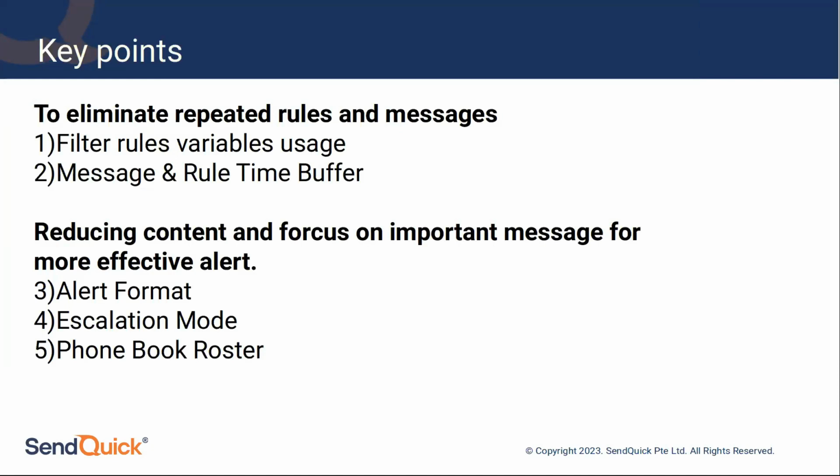To reduce the content and focus on important messages for more effective alerts, you can use the alert format, escalation mode, and phone book roster. These are features you can use to optimize how you use SendQuick, so you still receive your alerts but get all the important ones, remove the repeated ones, and filter off false alarms.